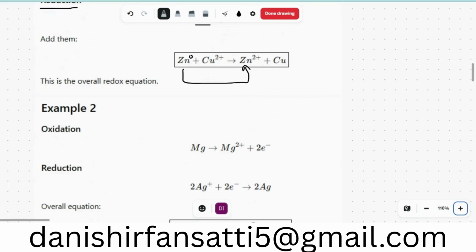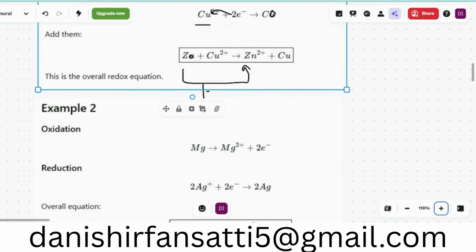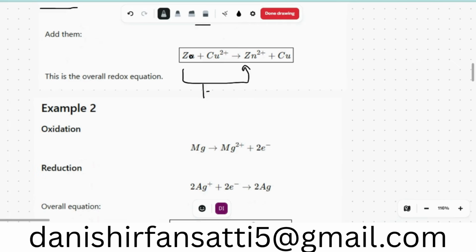Zn loses 2 electrons. What is happening to copper? Copper is gaining 2 electrons.